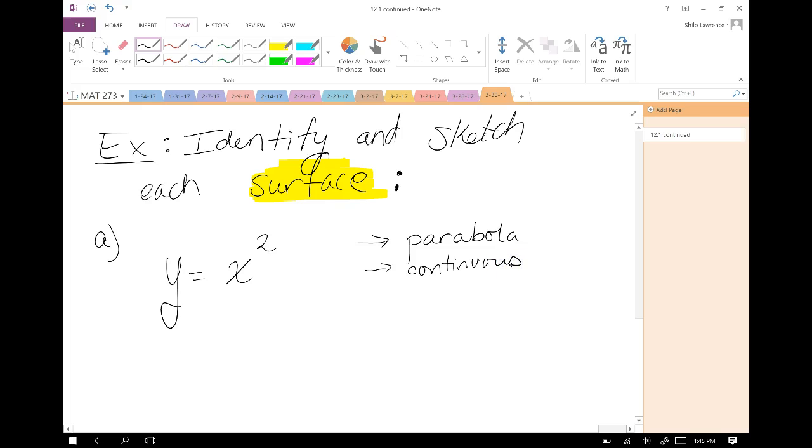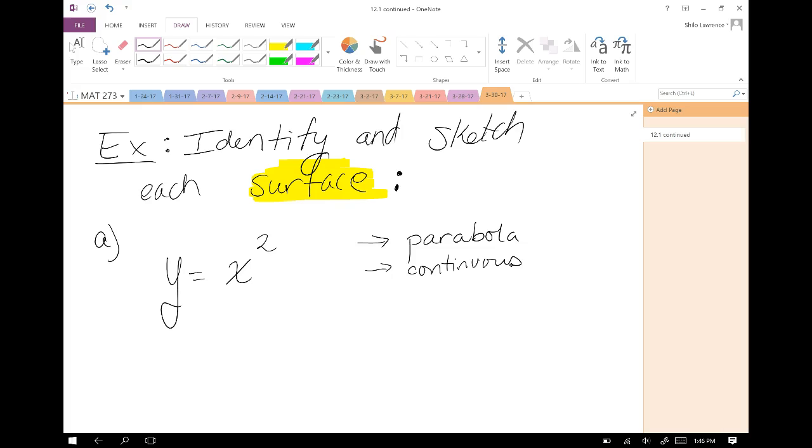Go ahead, Arturo. Okay. It has a minimum. It's open, concave up. Facing up is kind of weird in three dimensions.